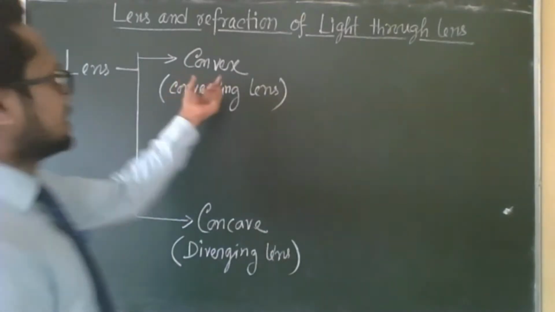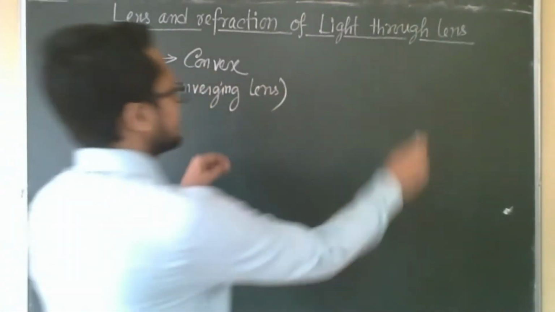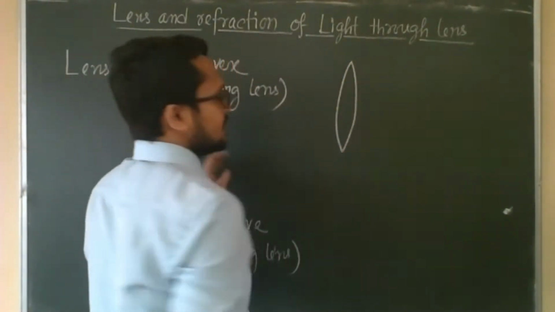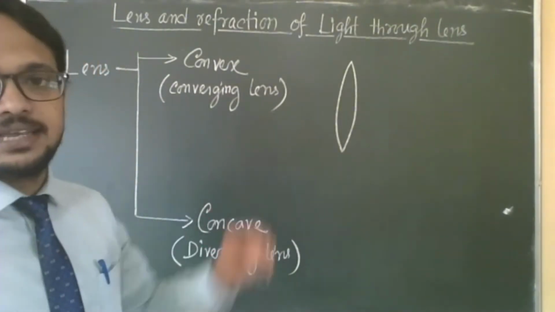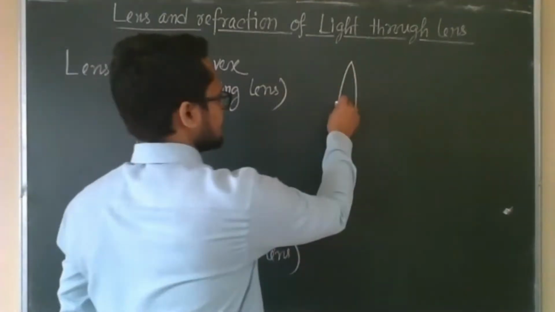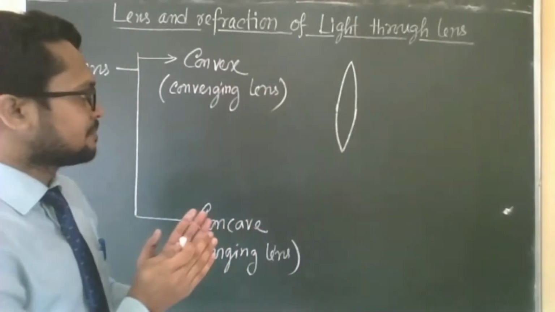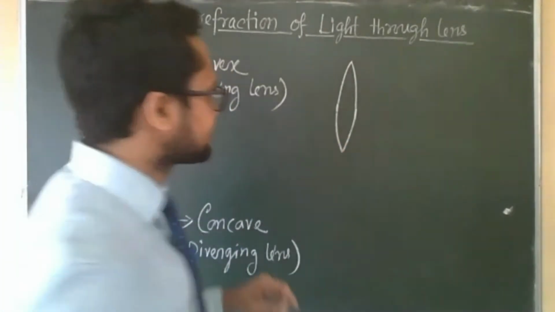Now there are three kinds of convex lens. One is called biconvex, or equiconvex, because both surfaces are convex. This is the first surface, this is the second surface.